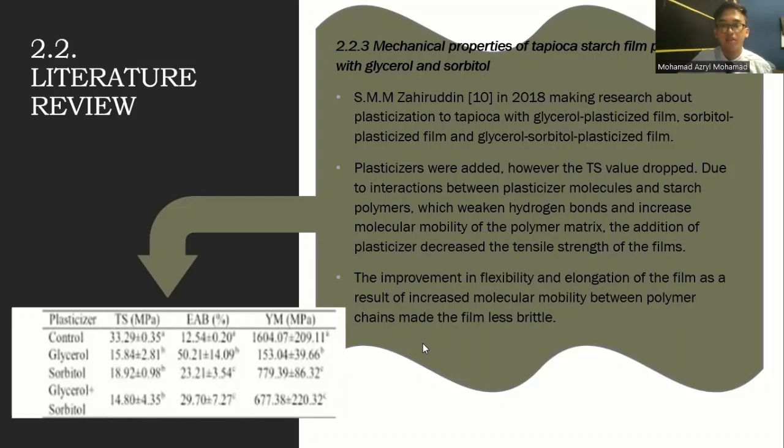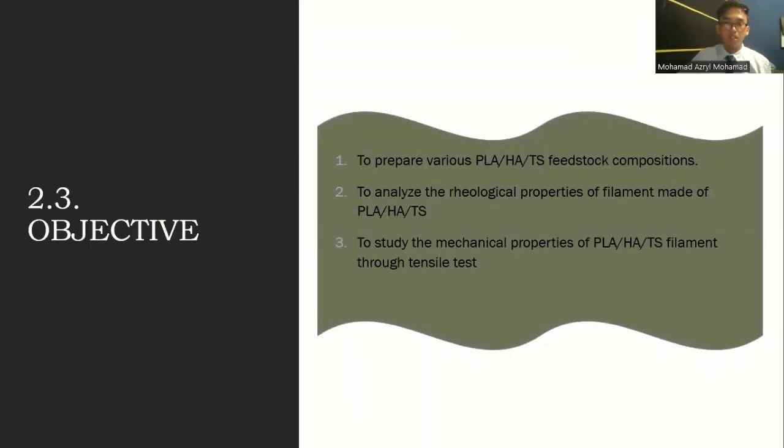Plasticizers were added, however, the TS value dropped due to interaction between plasticizer molecules and starch polymers, which weakened hydrogen bonds and increased molecular mobility of the polymer matrix. The addition of plasticizer decreased the tensile strength of the film. The improvement in flexibility and elongation of the film as a result of increased molecular mobility between polymer chains made the film less brittle.